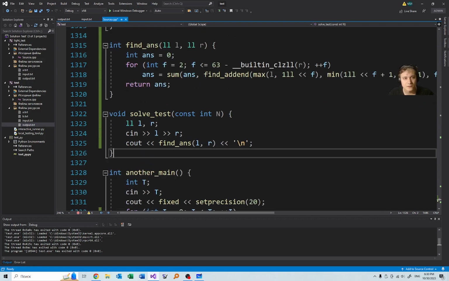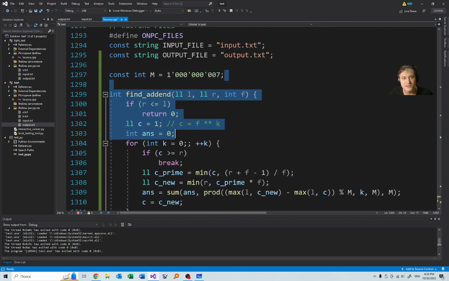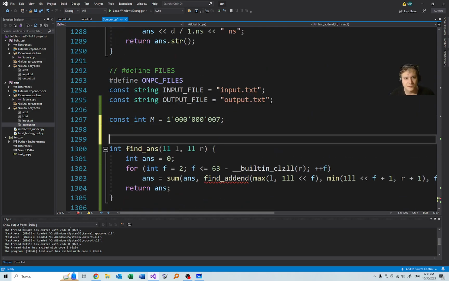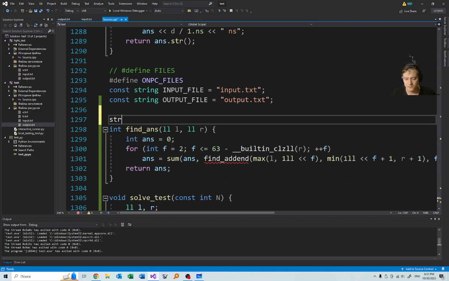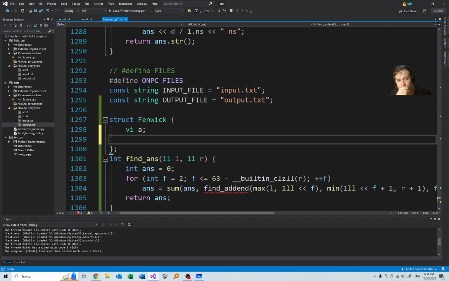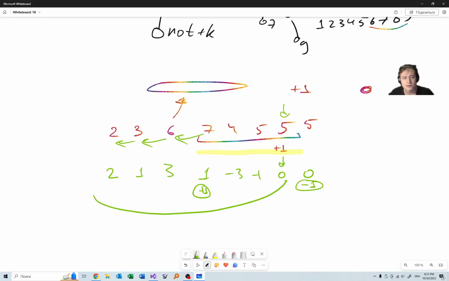Okay, no more words. Let's do it. So first of all, we need a Fenwick tree. It stores all numbers. Let's make an interface for adding on a segment and finding an element.